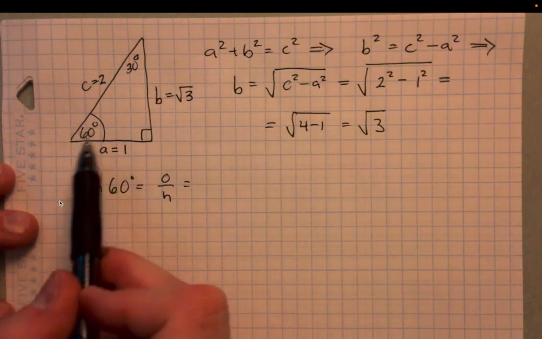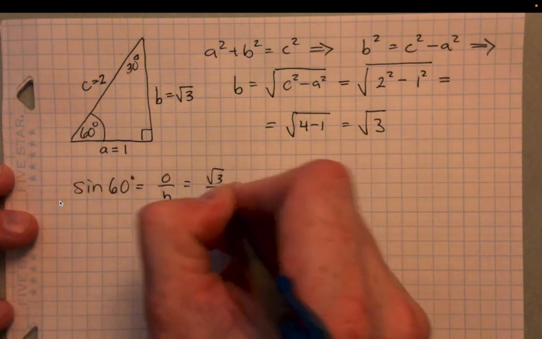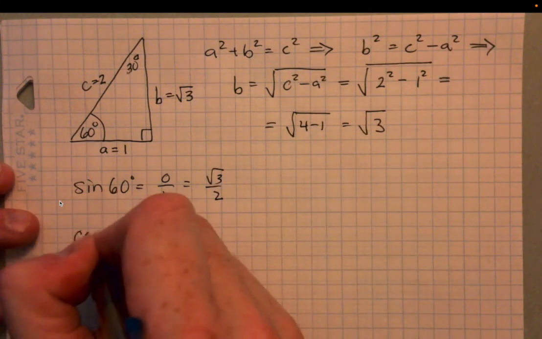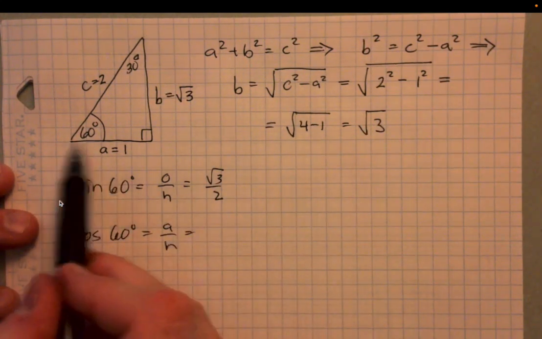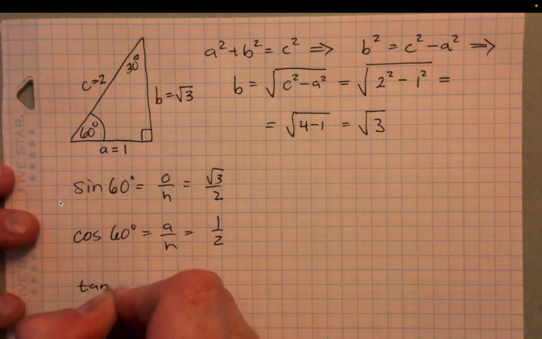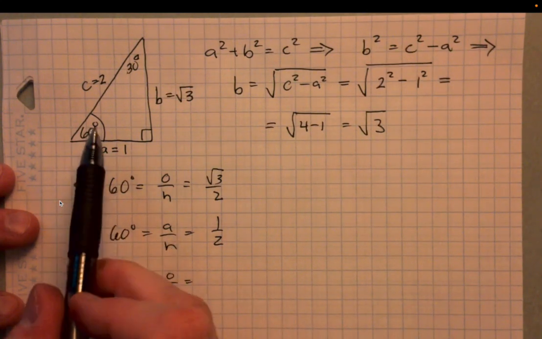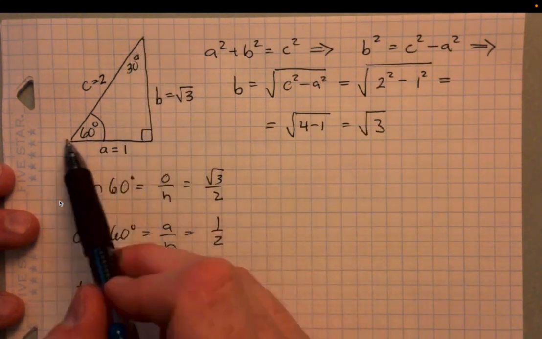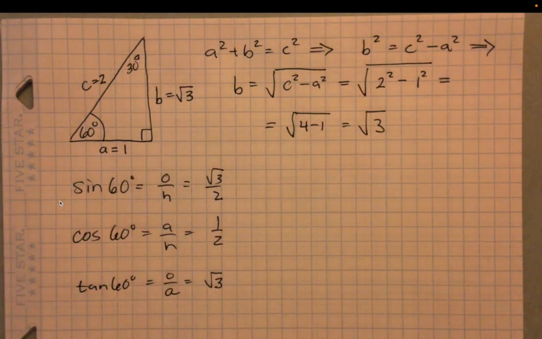If this is our angle of interest, the opposite side is B, so it'd be the square root of 3 over 2. The cosine of 60 degrees is adjacent over hypotenuse, and so that's 1 over 2. And the tangent of 60 degrees is opposite over adjacent, and so that is square root of 3 over 1, also known as just the square root of 3.